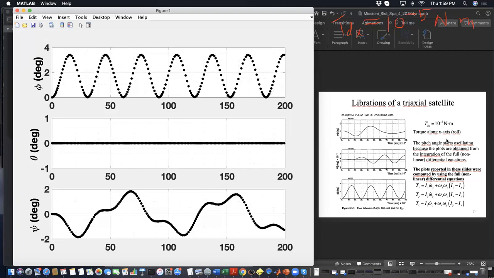Another thing that I would like to point out before the end is that if you compare the slide that you have for the case t dx equal to 10 to the minus 5 with my plot, you see that theta is equal to 0. It's not changing over time.